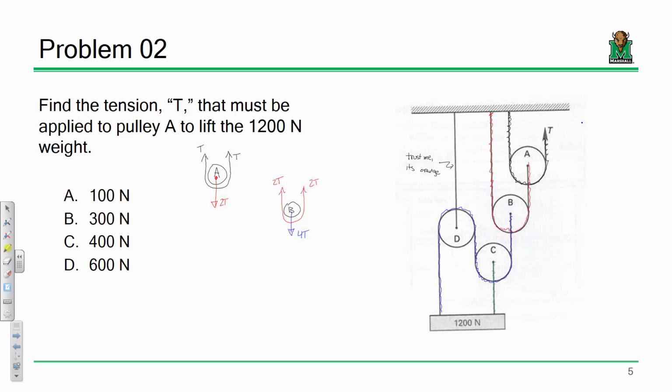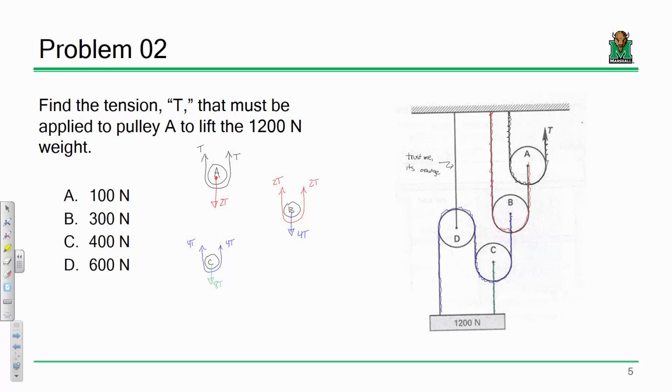Make sense? And so then we look at pulley C. And so pulley C's got this 4T, 4T, and so that green rope going down is 8T, right?